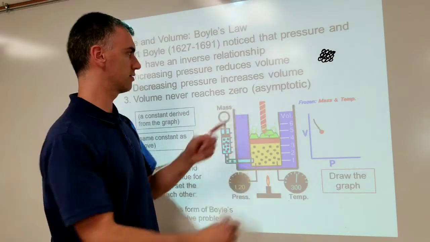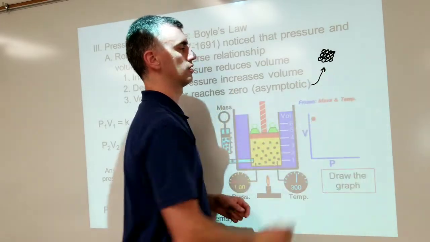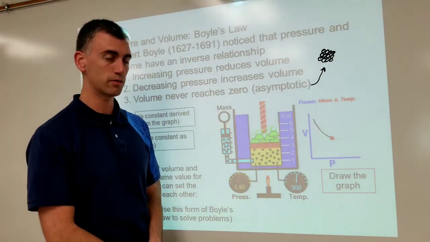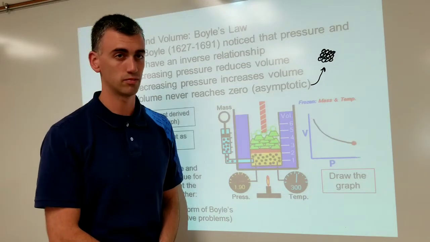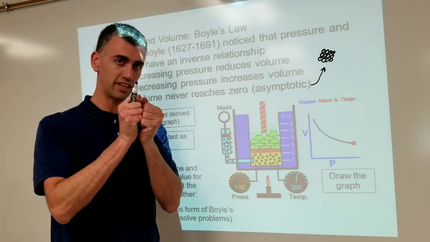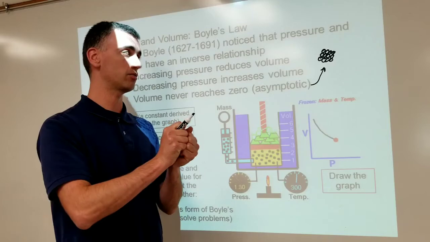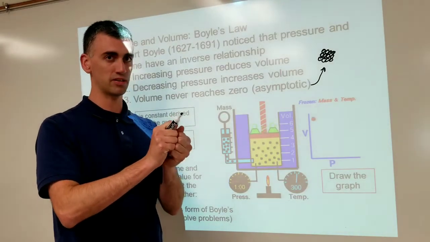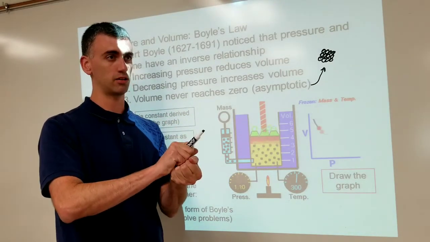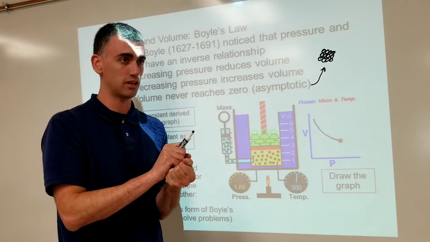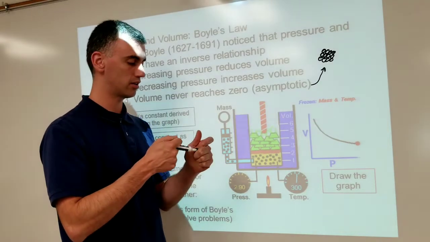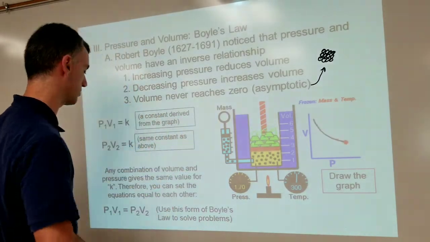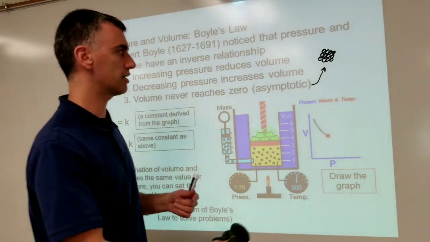This is why the gas particles never reach a volume of 0, because they have a volume. Once they're physically touching, they can't get any closer together. So whatever volume that represents of them all forced together into what's almost like a solid state, that's the volume they're going to be, and it cannot get any smaller than that. It's a finite volume. Nothing has a volume of 0.